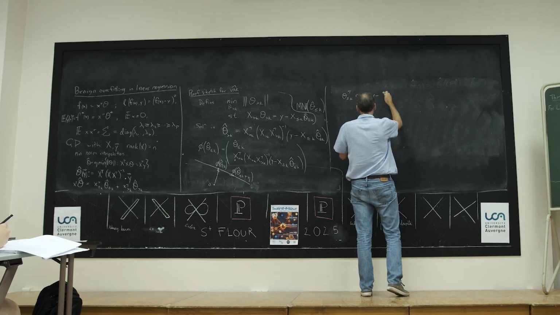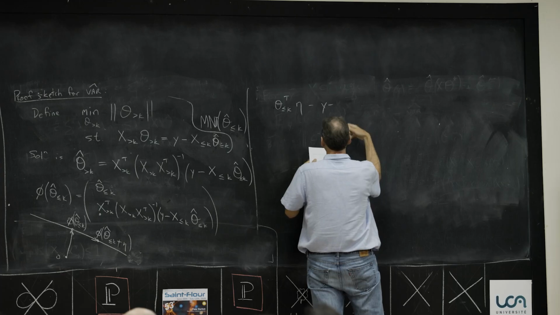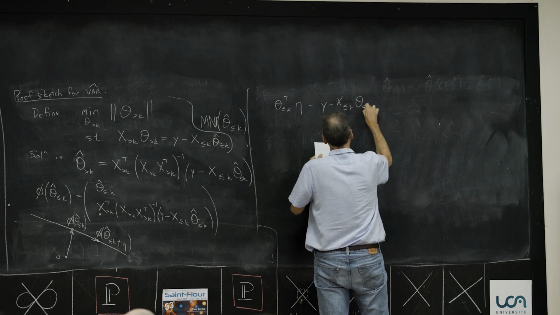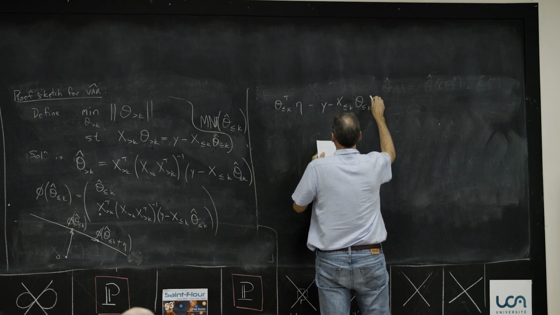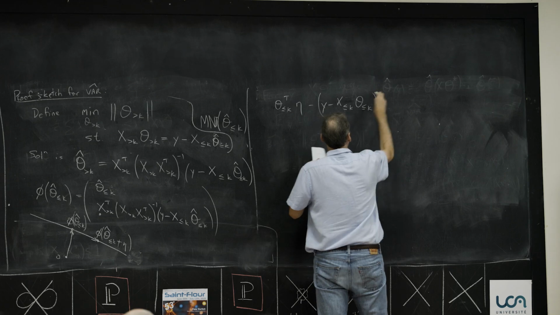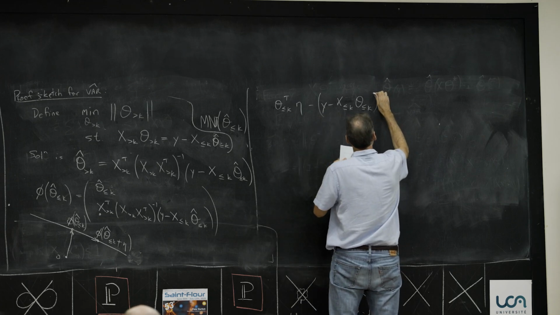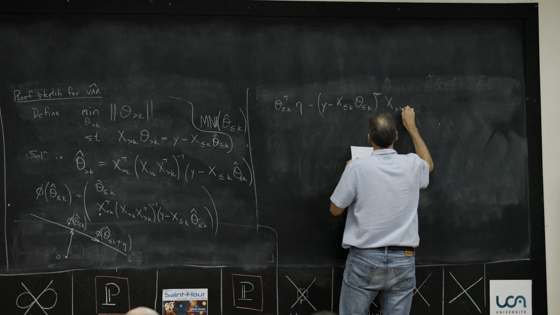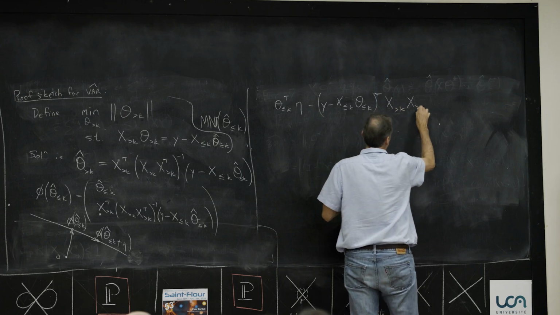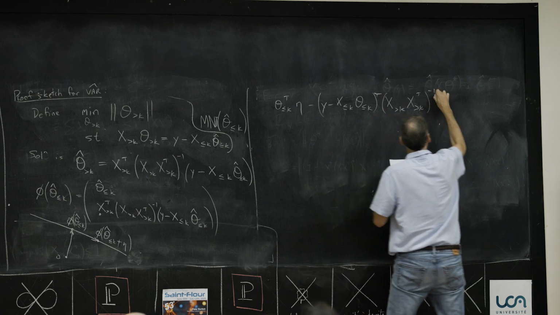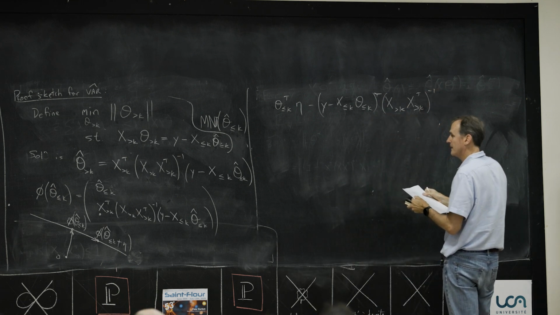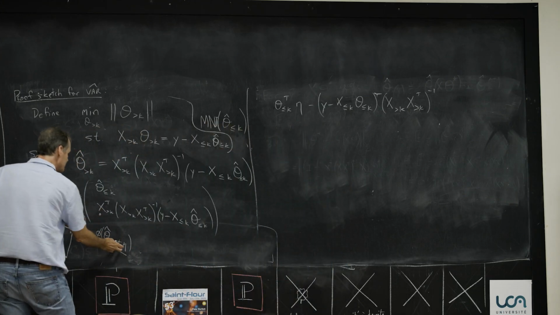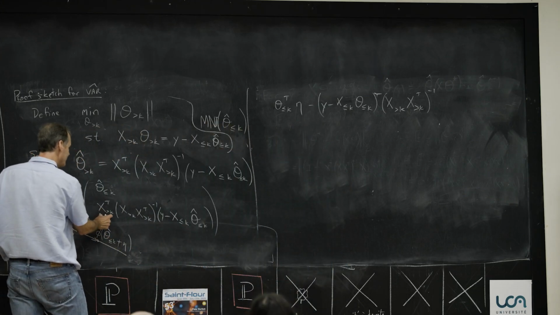This is the second component of phi, which has the y piece, theta less than or equal to k, transpose the inverse x greater than k transpose inverse, and then we have the difference between this and this plus eta, which gives us another one of these.